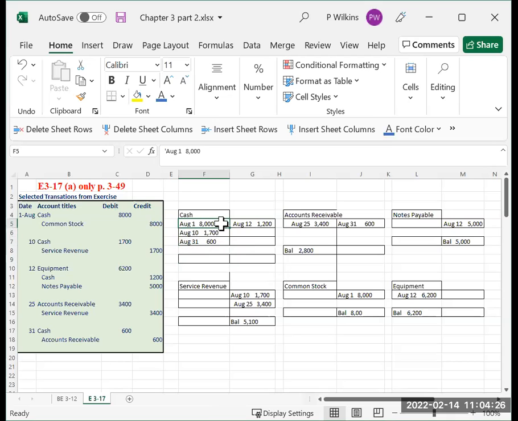So we're going to add $8,000 plus $1,700 plus $600. That gives us $10,300. And then we're going to subtract the credit side of $1,200. So that's going to give us a balance of $9,100 on the debit side for the cash account. So that's posting to the T accounts. The second part we'll do with this problem after this is going to be doing the trial balance using those T account numbers.